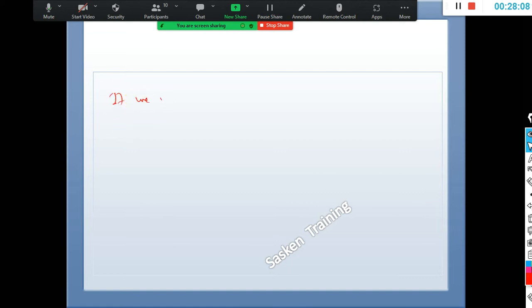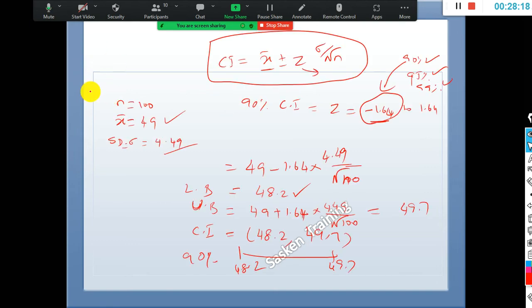If we repeatedly draw samples, see, this is another question. You have taken one sample, and that sample contains 100 values. You randomly sample the data, and likewise we can draw any number of samples. For this sample, this is the mean. What is the assurance that if I draw different samples, the mean value will not be the same?